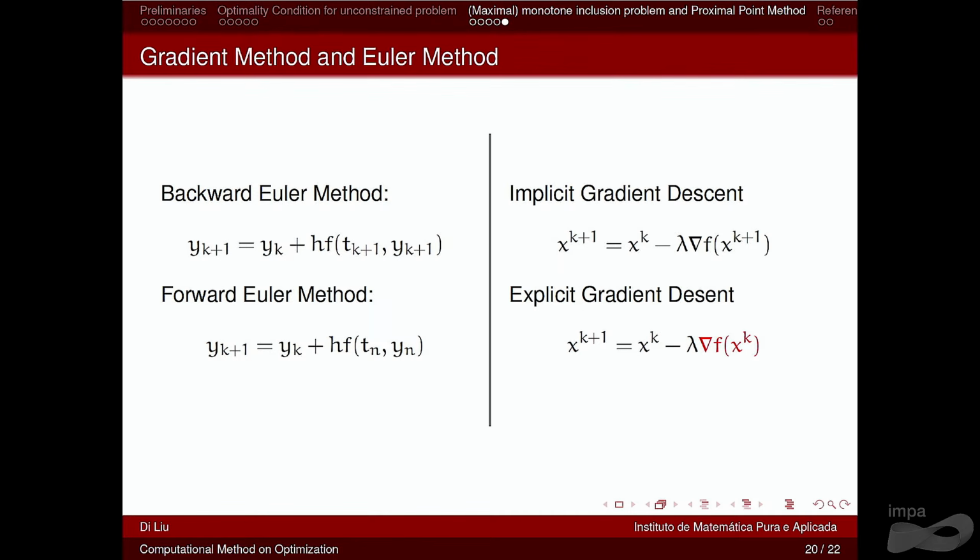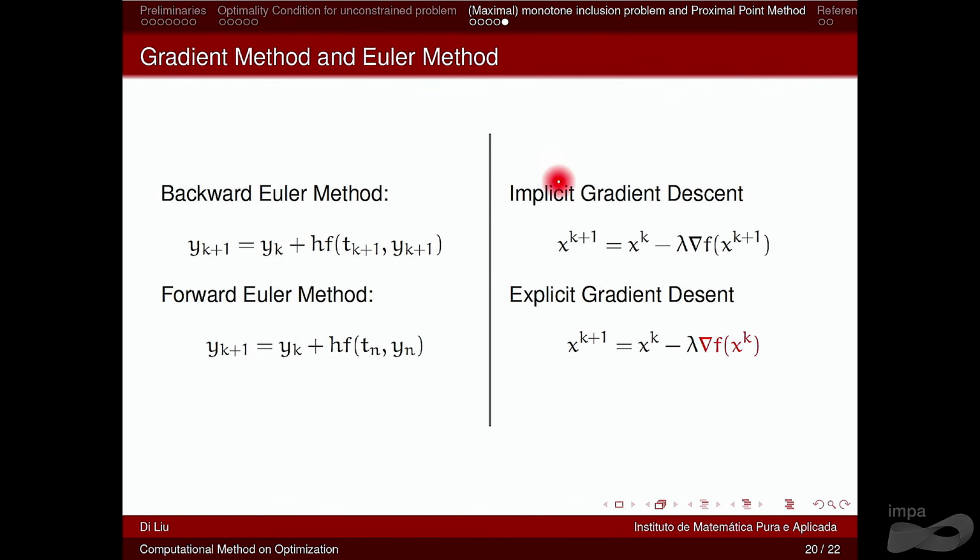And you can also interpret it with the backward Euler method or the forward Euler method, okay? So this somehow we can call the implicit gradient method, or the classical one we can call the explicit gradient method, okay? In the general gradient method, we use the gradient of f at point xk.